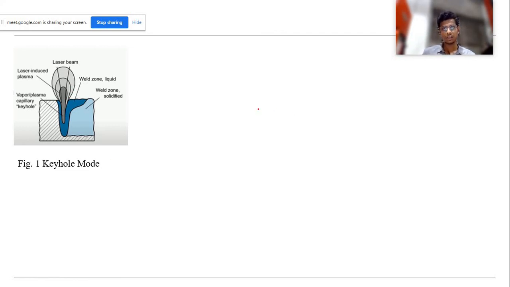If we consider laser, there is conduction mode and keyhole mode. In conduction mode, the temperature generated is not more than the vaporizing temperature of the molten pool, so there won't be any vapors. But in keyhole mode, the temperature generated is more than the vaporization temperature. The molten pool gets vaporized at this zone, and because of that there will be pressure.